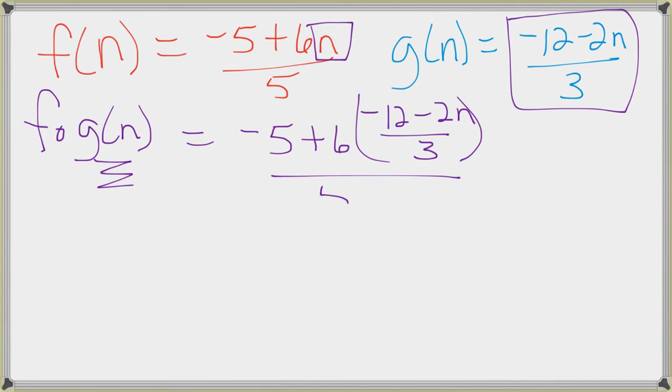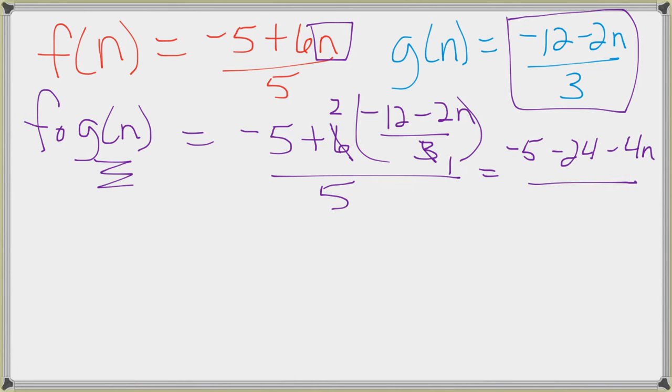Now, if you work on the top, the 6 and the 3 both divide by 3, so that becomes a 2, that becomes a 1. You distribute, you have negative 5 plus 24 minus 10n. No, minus 4n. Sorry, I multiplied by 5. I should have multiplied by 2.